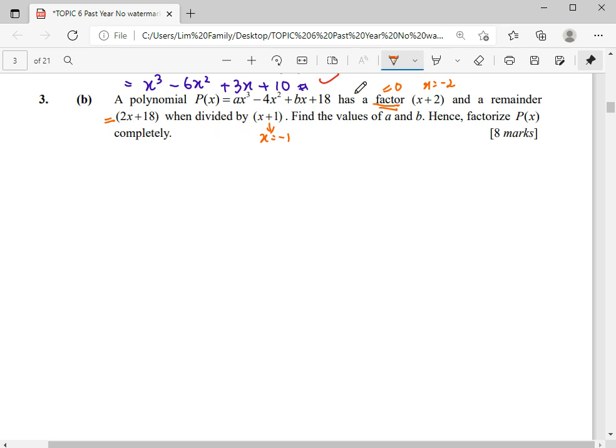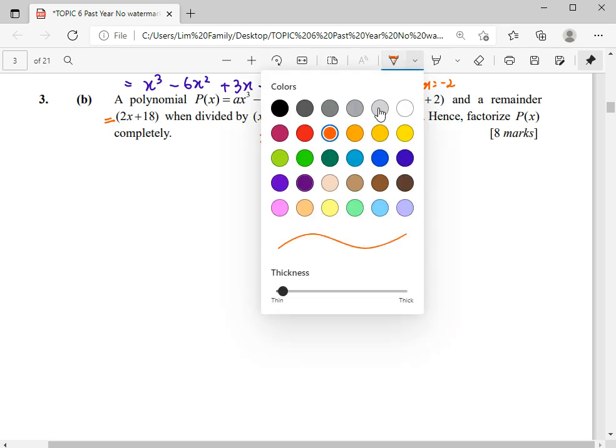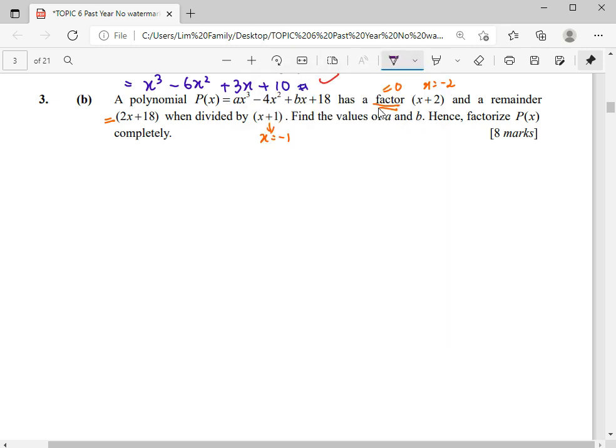So first of all, we apply this. When it says it is a factor, we write our factor theorem. So for our factor theorem, the divisor is x plus 2, so your x will equal negative 2. Substitute negative 2 into your polynomial, you'll get 0. This is our factor theorem.